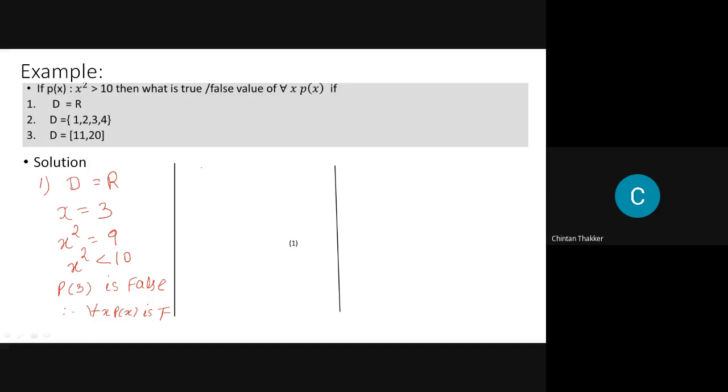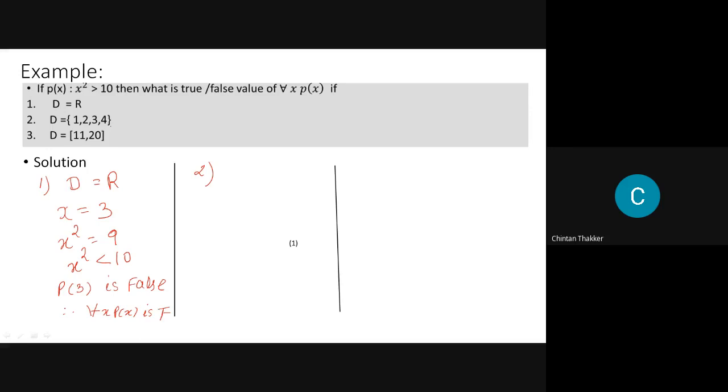Now similarly, for the second one, the domain is given as 4 points, 1, 2, 3, and 4. From these 4 points, 1, 2, and 3 are the counterexamples, because if we take x equal to 1, x square 1 is less than 10.